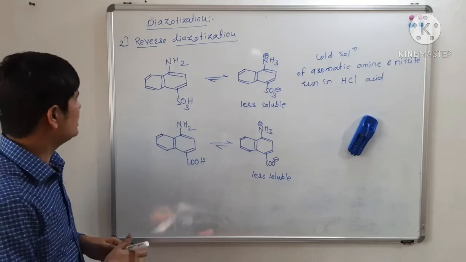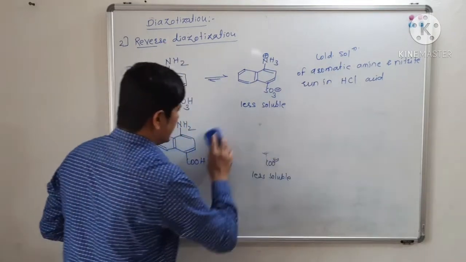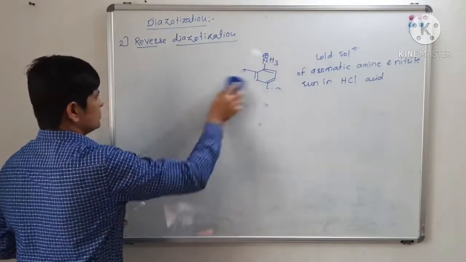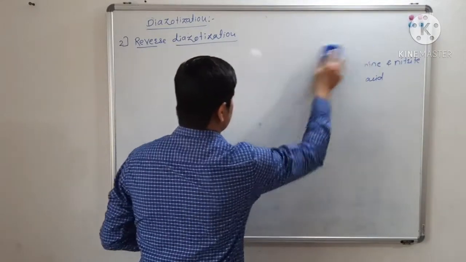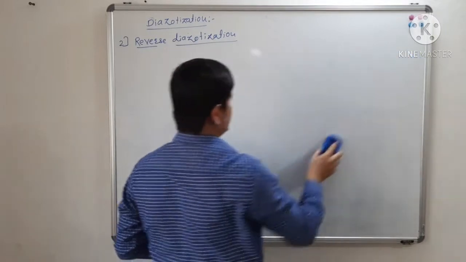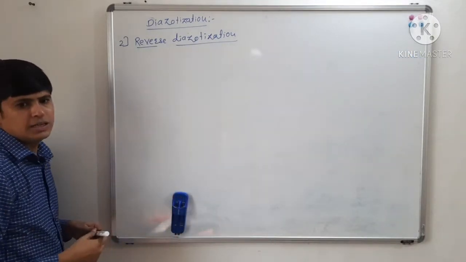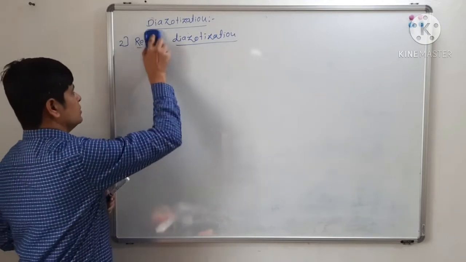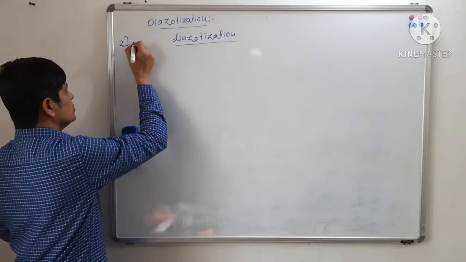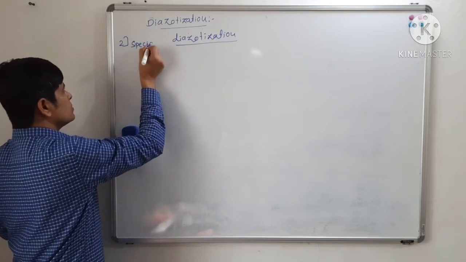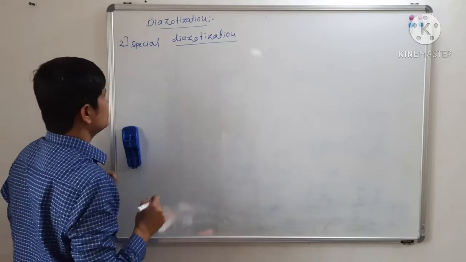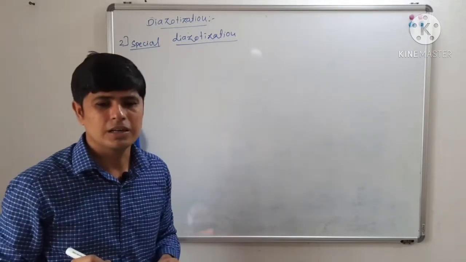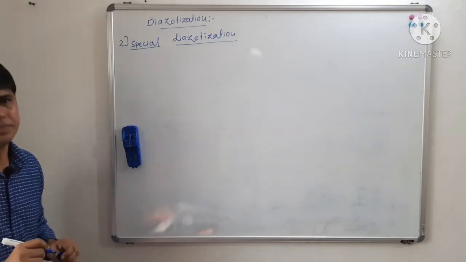Okay, now let us see the third and last method for diazotization, which is called special diazotization, or you can say special method of diazotization.